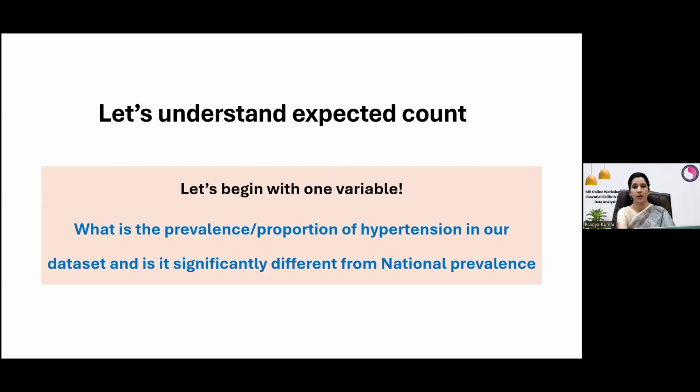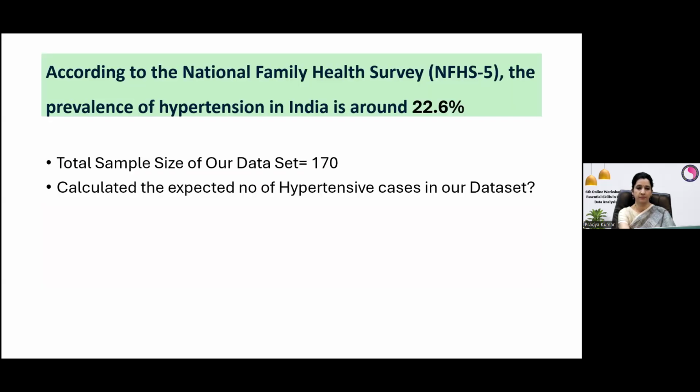I assume, although I have not followed a sample size and sampling strategy, that I have taken care of those methodological issues, and I want to see how this sample is different from a national average. According to the National Family Health Survey, the prevalence of hypertension in India is 22.6%. The total sample of this data set is 170.